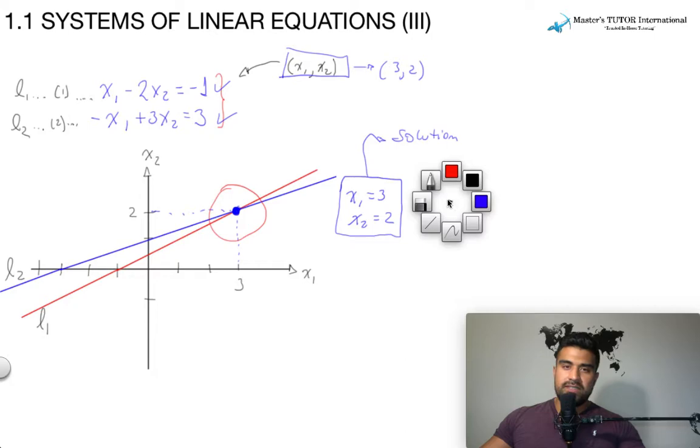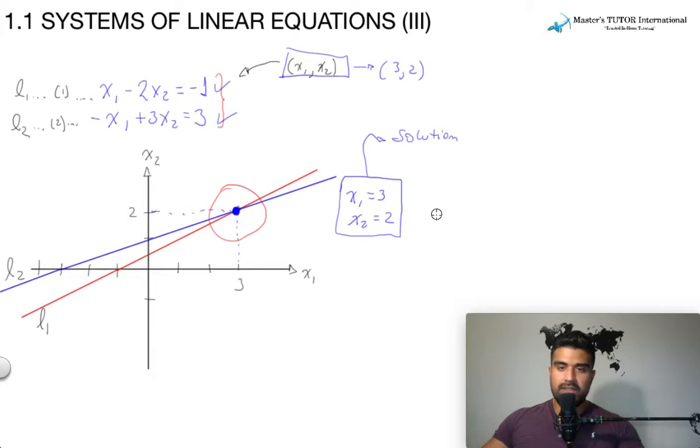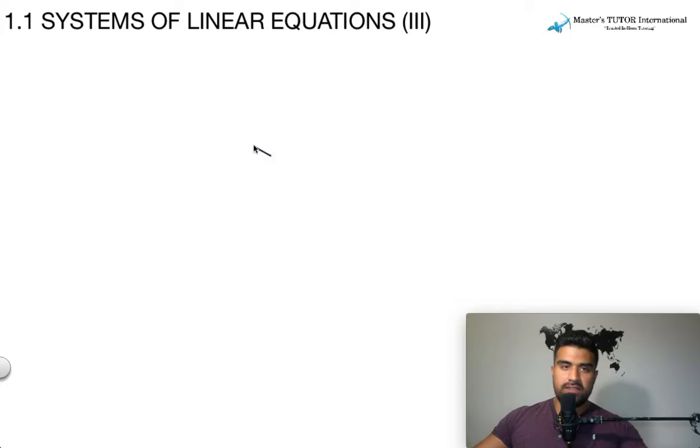But let's see another example. Take this linear system: x1 minus 2x2 equals minus 1, and minus x1 plus 2x2 equals 3.